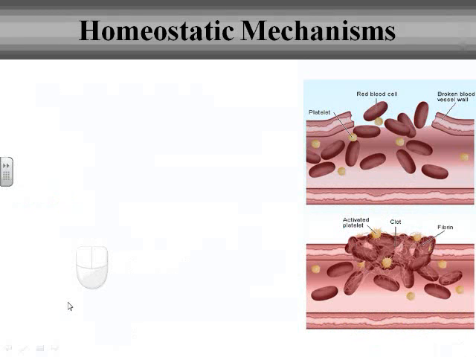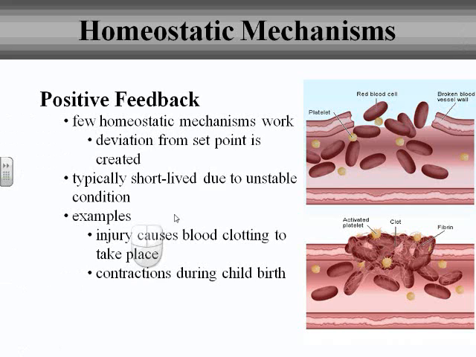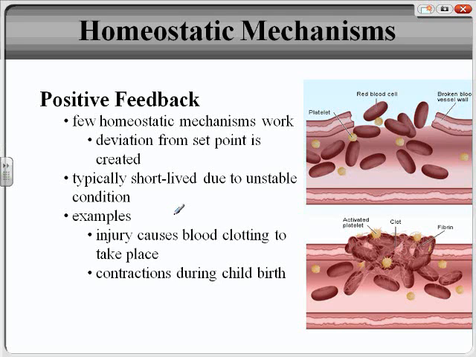Then, just like we have negative feedback mechanisms, we also have positive feedback mechanisms. However, a positive feedback mechanism operates substantially differently from negative feedback. Instead of correcting the deviation from the set point value, what's happening in a positive feedback homeostatic mechanism is that the deviation is being created.